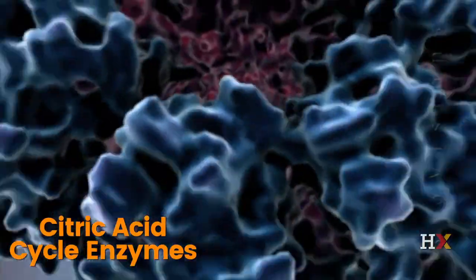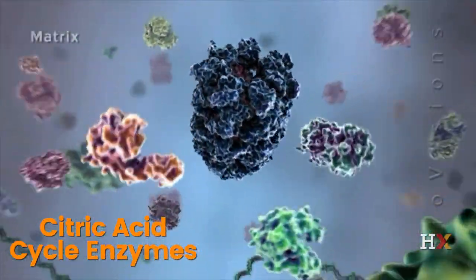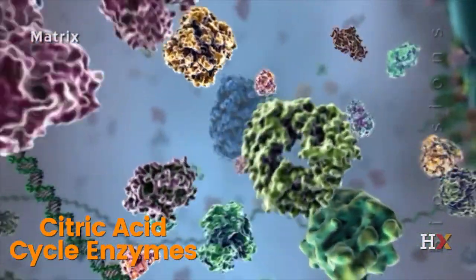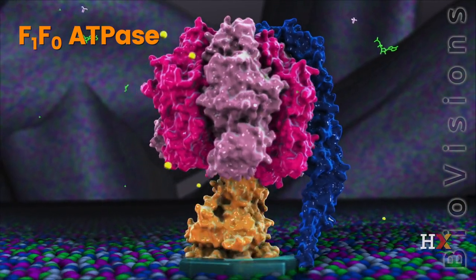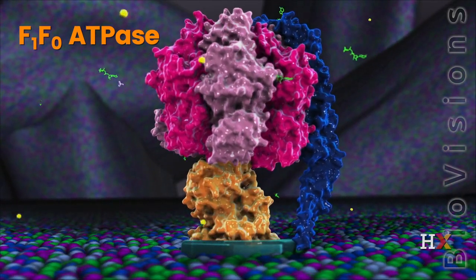The matrix contains hundreds of enzymes involved in what's called the citric acid cycle, and it also contains the mitochondrial DNA genome. It is a far more viscous environment compared to the cytosol because it has a higher concentration of soluble proteins. It plays a critical role in ATP synthesis and in the process of so-called oxidative phosphorylation.